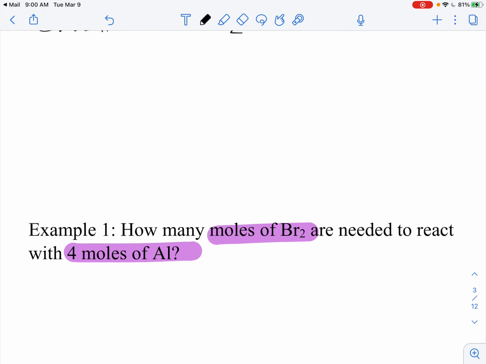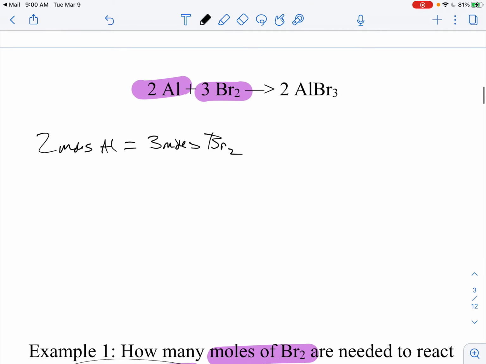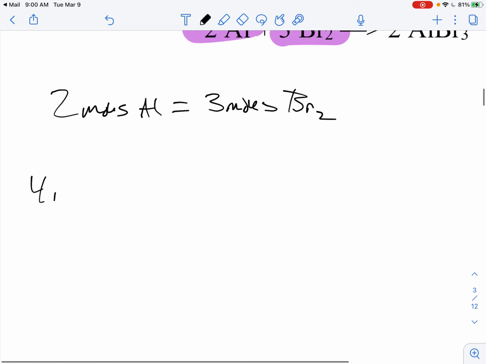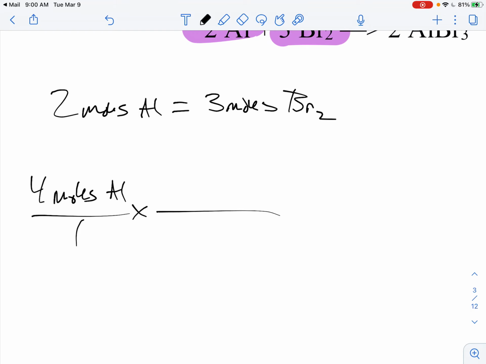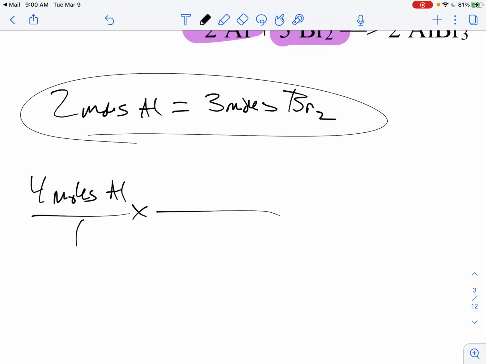Now, what does it tell me? It tells me that I am starting with 4 moles of aluminum. So this is 4 moles of aluminum over 1. And then I'm going to multiply that, and I can use this equation any way I want, 2 over 3 or 3 over 2, and it all depends on the particular problem.